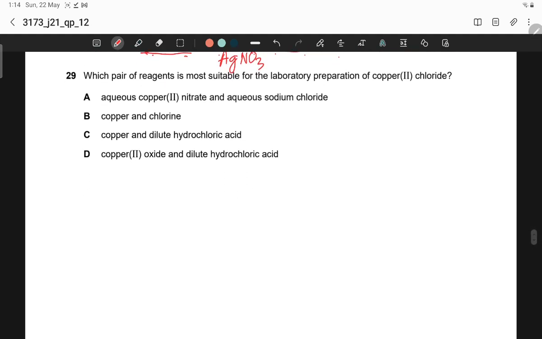Which pair of reagents is most suitable for the laboratory preparation of copper 2 chloride? Copper 2 chloride is a soluble salt, so this is produced by using filtration and crystallization.